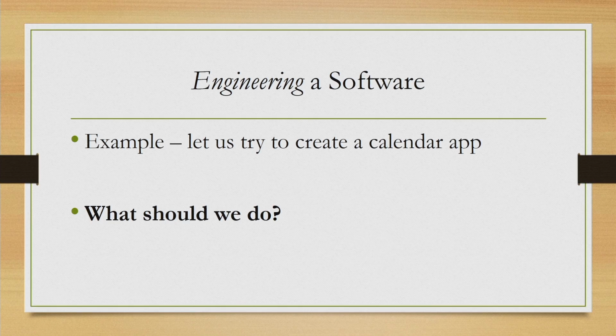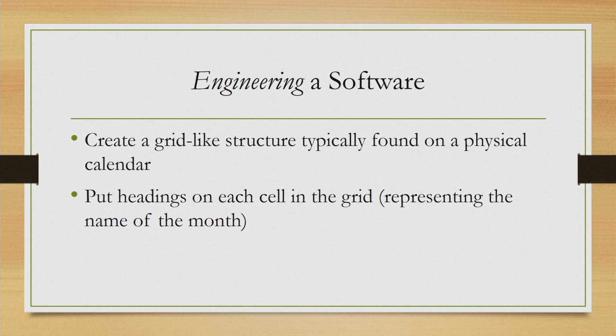Now, there can be many such life cycles, but before we go into the details of the life cycle, let us try to understand the difficulty in developing a software. Let us try to create a calendar application. What should we do to develop the calendar? If we want to develop a calendar the way we see a calendar, then typically we should try to create a grid like structure, because calendars typically come in the form of a grid.